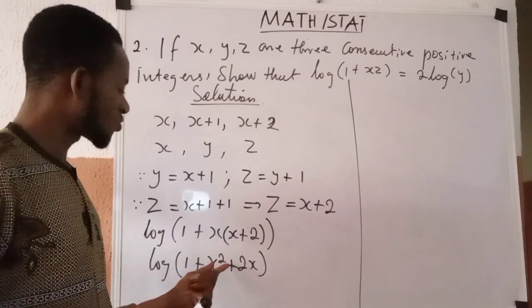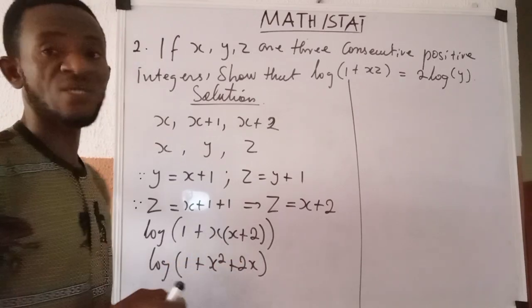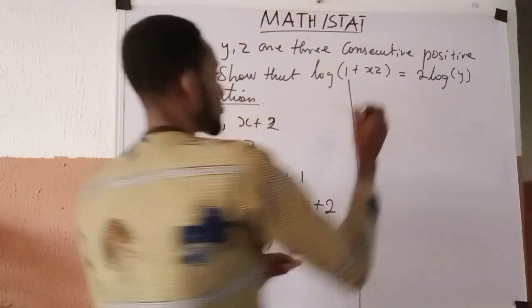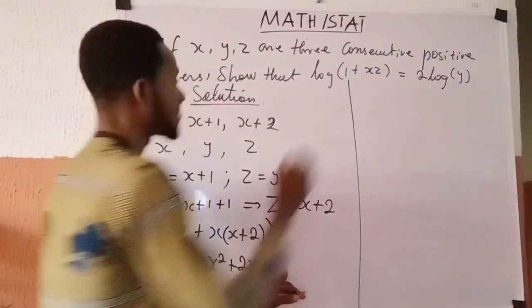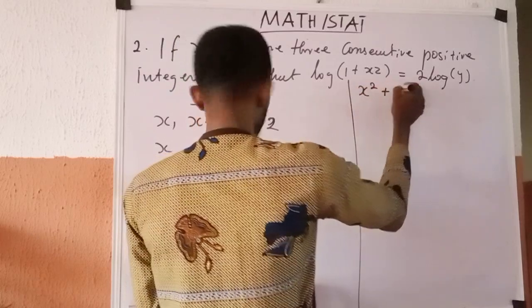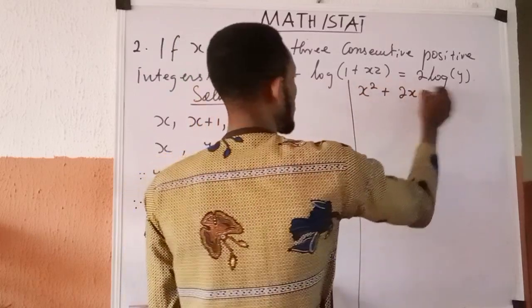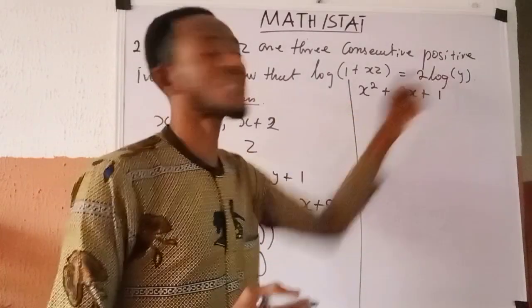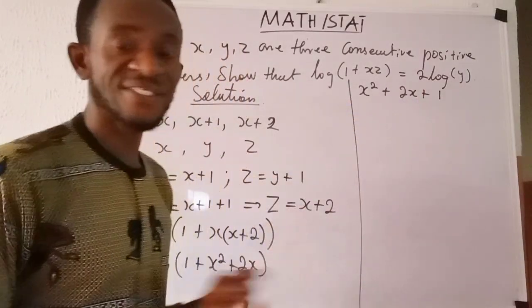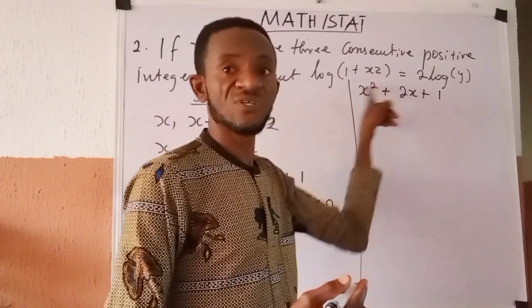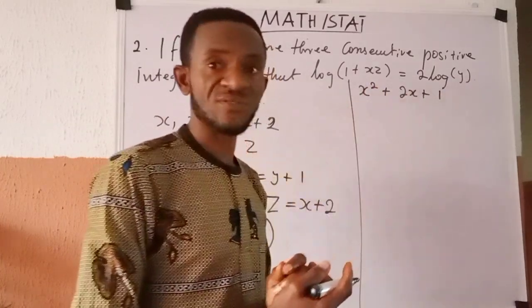Seeing x raised to power 2 plus 2x plus 1 is a quadratic expression. So I can quickly come here and call it up. What I have here becomes x raised to power 2 plus 2x plus 1. The highest power of the unknown is 2. Therefore, it's a quadratic expression.